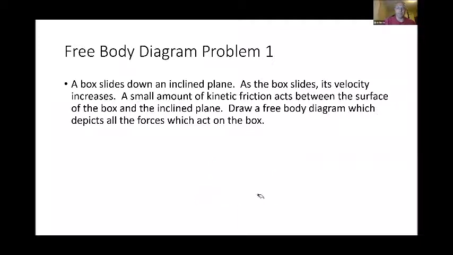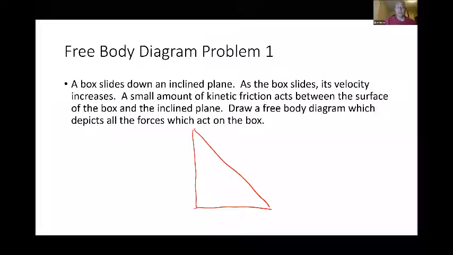Let me try that again. All right, so let's say we have some kind of box up here on our incline. And it's sliding down the plane. There's some kinetic friction acting on it. Draw a free body diagram that depicts all the forces.